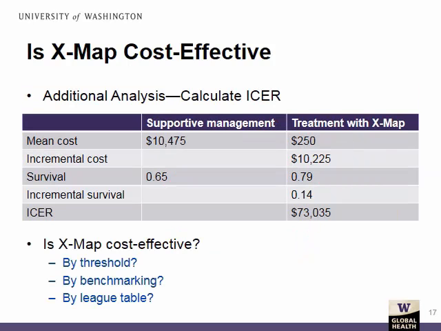So let's extend our thinking a little bit and continue to ask ourselves how we would decide whether this $73,000 per life saved is cost effective. Now you remember we had three ways of deciding if an intervention is cost effective: by threshold, by benchmarking, and by league table.